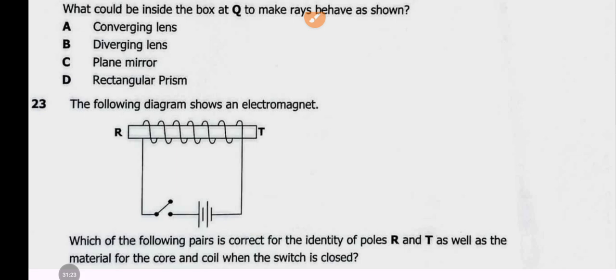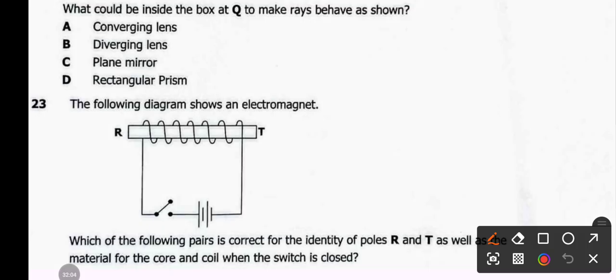Right. So to determine the polarity of an electromagnet, a method is employed. It is called Fleming's right hand grip rule. The rule entails that if a person holds a conductor in such a way that the fingers curl in the direction of the flow of conventional current, then the thumb of that person points towards the direction of the North Pole.